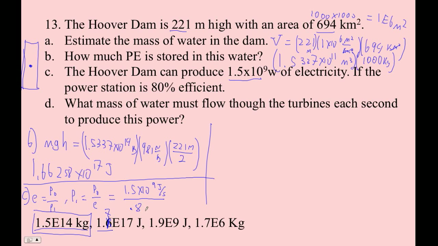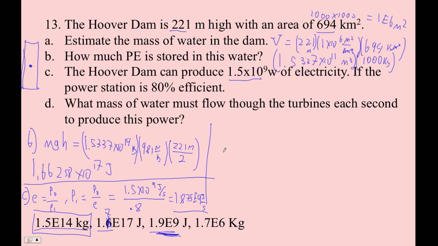Let's store that in B. So 1.5e9 divided by 0.8 gives us 1.875e9, and that's joules per second. So that's the answer for C. That's how much potential energy we've got to pump into that thing.